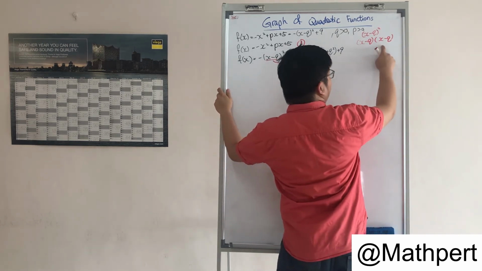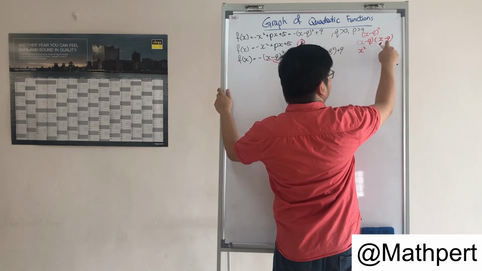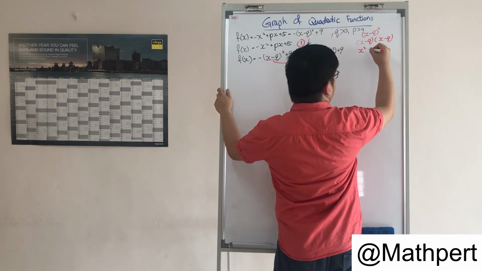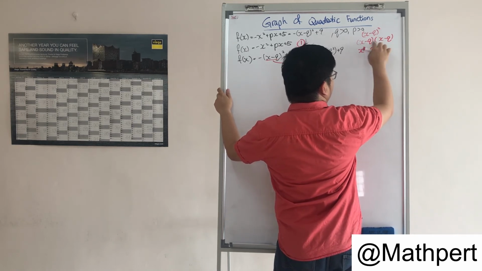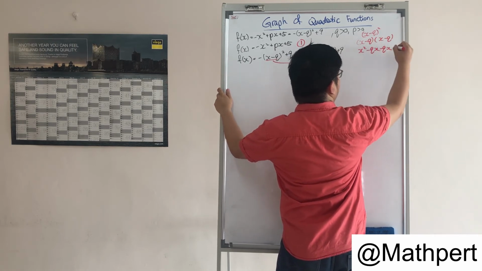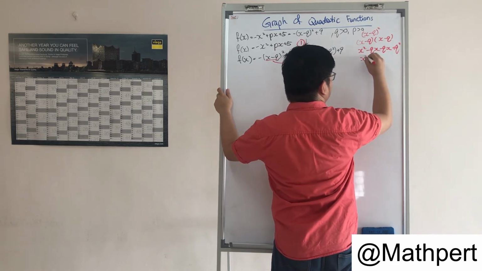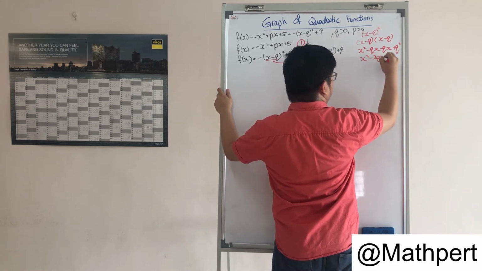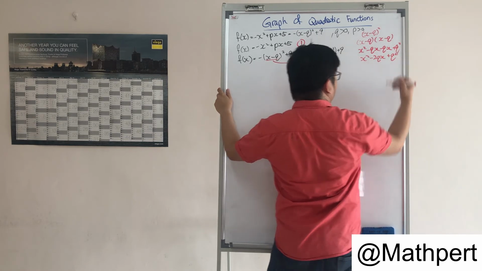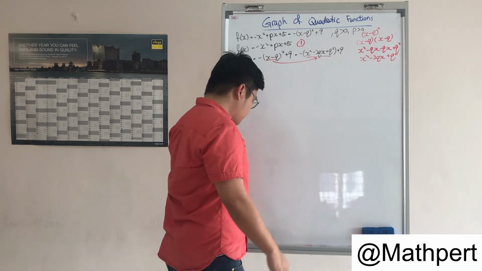So multiply x, we get x squared. x times minus q, we get minus qx. Here we get minus qx. Here we get plus q squared. So we get x squared minus 2qx plus q squared. These two are the same.